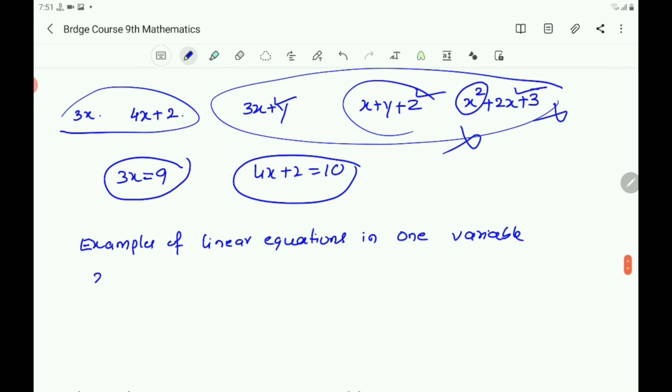So let us take 2x plus 8 equals x minus 7. Here linear expression is there in the LHS. In the RHS also linear expression is there, and in between them equal sign is there. So you can consider this is a linear equation in one variable.